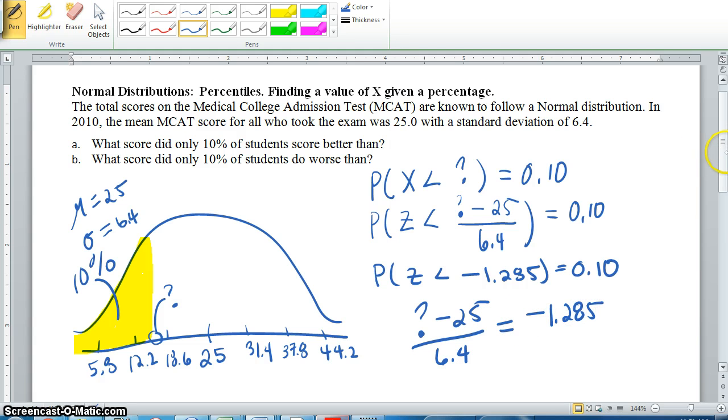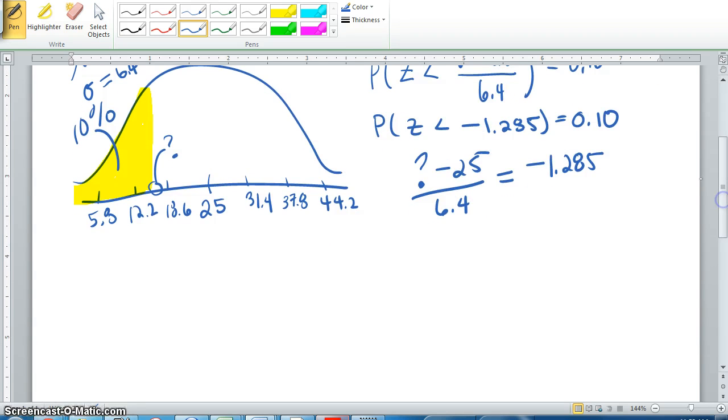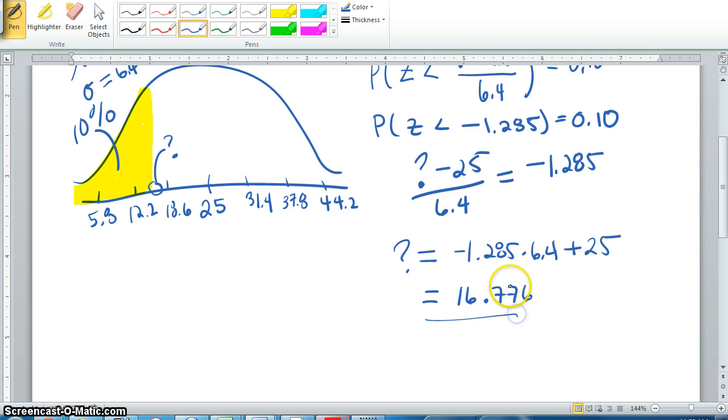And again, with a little bit of algebra, I can solve for the score that I want. That's going to be negative 1.285 times 6.4 plus 25. And this will give me a value of 16.776. Now if I come over here and put in my value of 16.776, it seems to fit right where I thought it should.